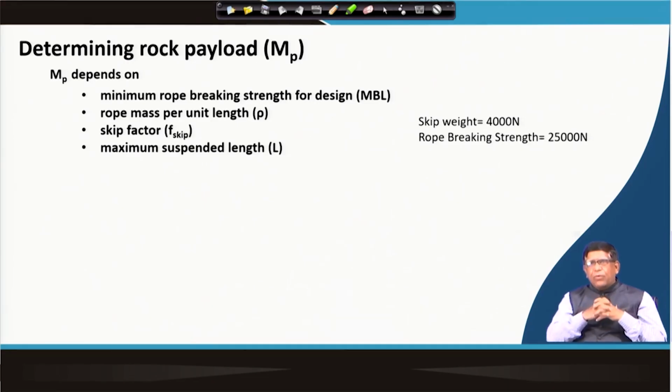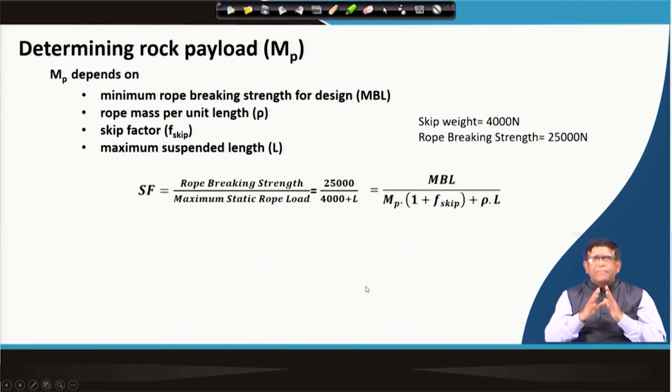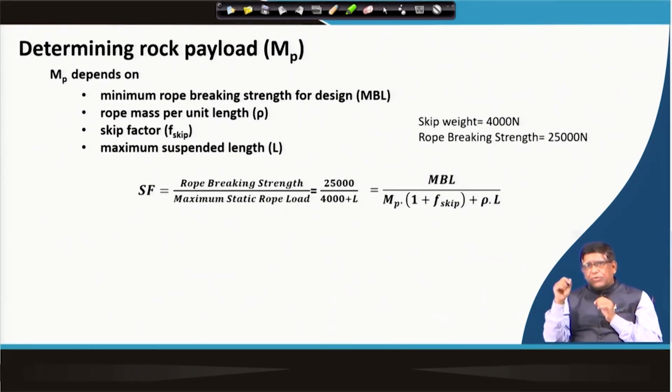Then the rope breaking strength for a particular type of steel may be 25,000 Newton, a general value you should keep in mind. The maximum static load on the rope includes the skip load of 4,000 Newton and the rope weight.